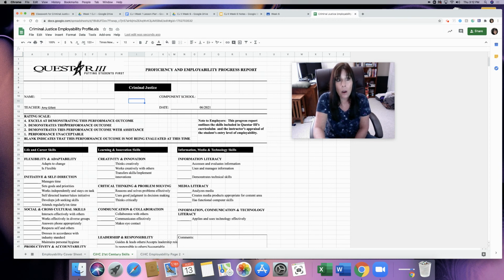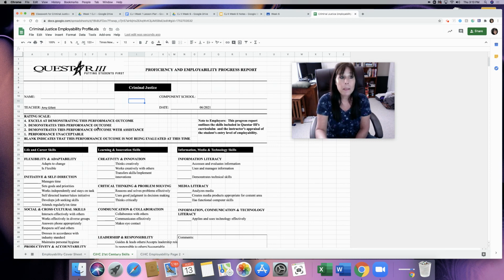You really are like a teacher level at this item. You can teach others how to do these things. A 3 demonstrates this performance outcome. You can do it. You've done it. You're decent at it. You're competent. You're not necessarily an expert. And I would say a 4 is like an expert. 3 is good. It's competent.